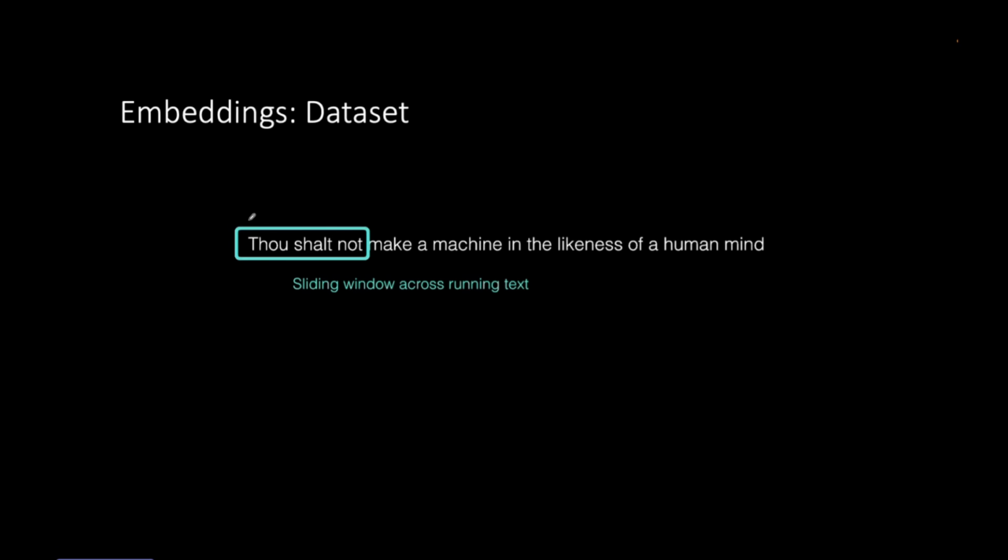There are many ways of doing this, but in this example, what we're going to do is use the previous words of a sentence to predict this word here. So we're going to train a model to do a prediction: given the previous words, try to predict the following.